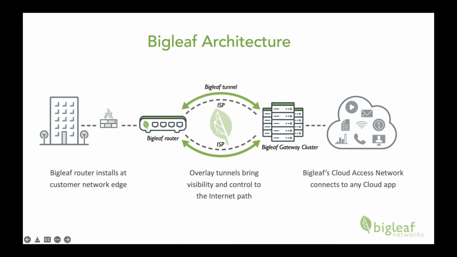From there, we're going to be broadcasting that same block of IPs over any and all of your internet connections. So we're going to tunnel across these ISP circuits to the nearest gateway cluster, our cloud access network, which we'll unpack a little bit more. But these are servers that sit at the core of the internet and are located where your cloud application servers live as well.